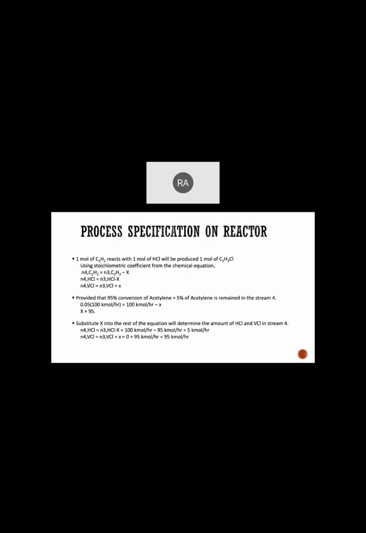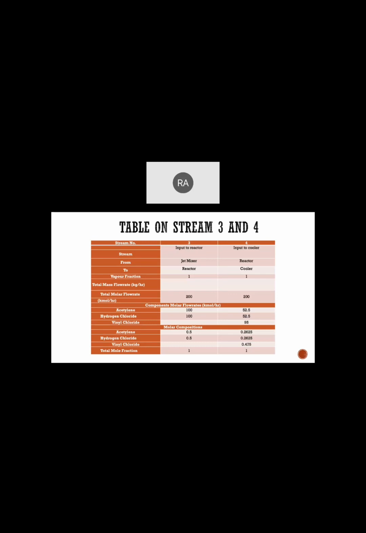Provided that 95% conversion of acetylene means 5% of acetylene remains in stream 4, we got the answer X equal 95. Substitute X into the rest of the equations to determine the amount of HCl and VCl in stream 4. We got HCl equal 5 kmol per hour and VCl equal 95 kmol per hour. This is the summary of chemical compound flow rates based on the calculation before this.